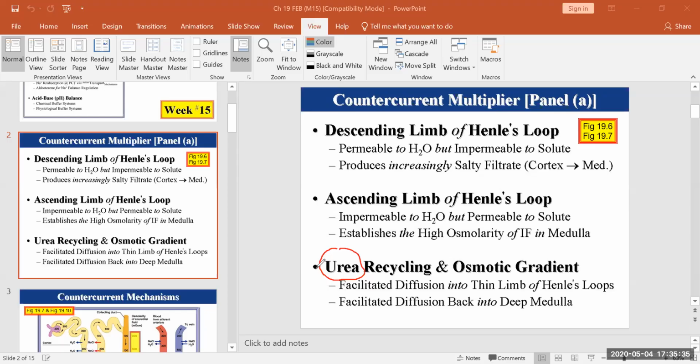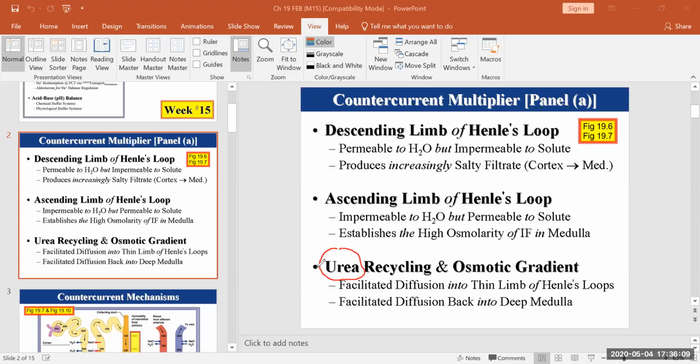Because of this, when the blood is leaving the vasa recta, it is slightly more osmotic than the entry. The blood gets in at the beginning of the vasa recta at 300 milliosmol, but when it is leaving, it's around 325. This is due to urea getting into the vasa recta through UTB.